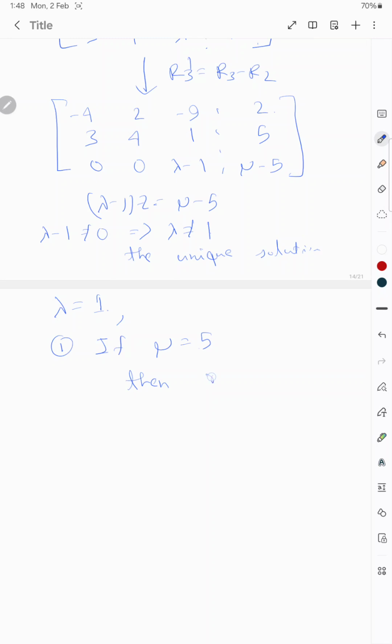Then actually the rank of A equals 2. That means it has infinitely many solutions.